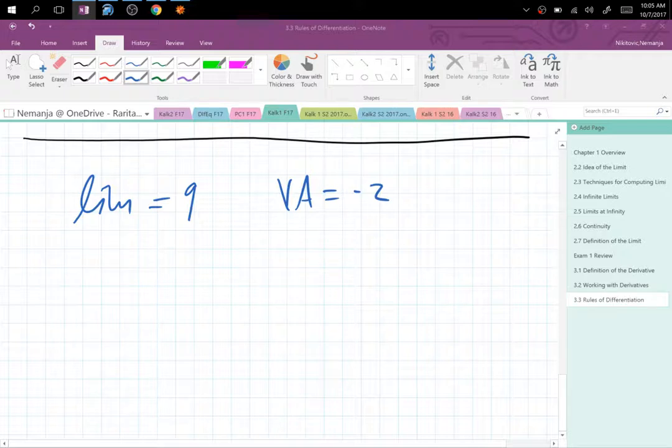All of these are considered wrong answers, even though the limit of some function was 9 and the vertical asymptote was -2. These notations do not mean anything, and if you move out of your comfort zone, which is this class, no one would understand what you say, because it's not anything that we as a species agreed upon, and mathematics is the only universal language.